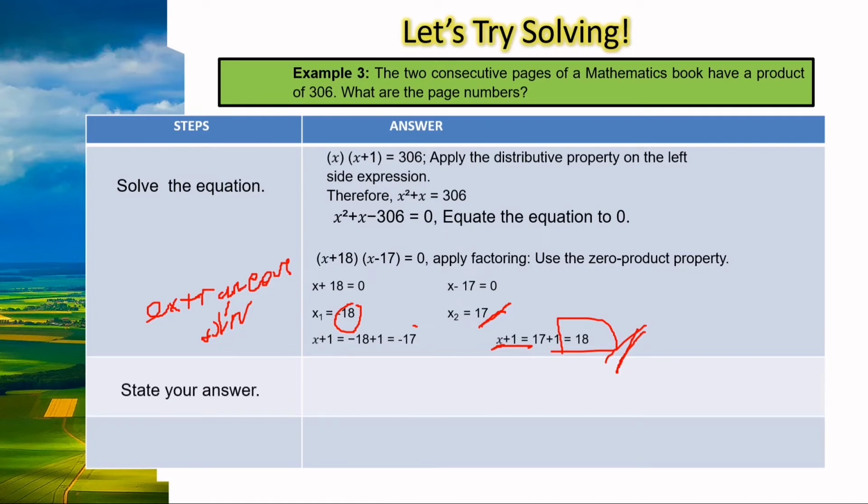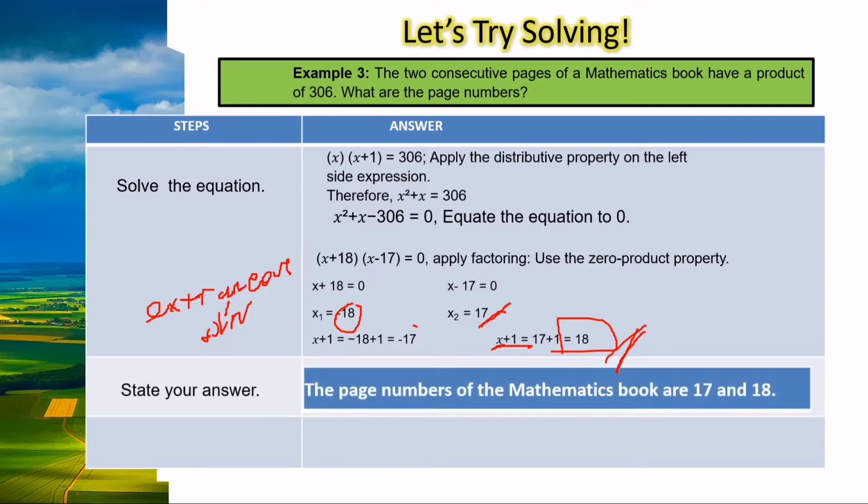To state your answer, you can say that the page numbers of the mathematics book are 17 and 18. Then check your answer by taking your first representation or the equation. You can check your answer. Sorry.